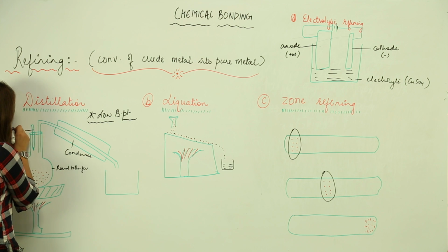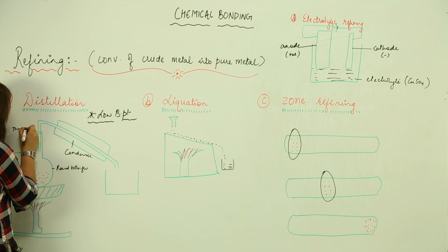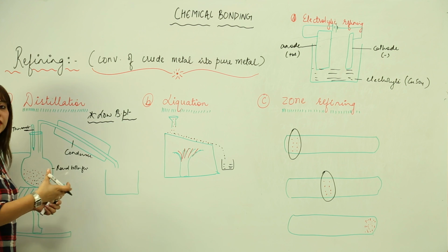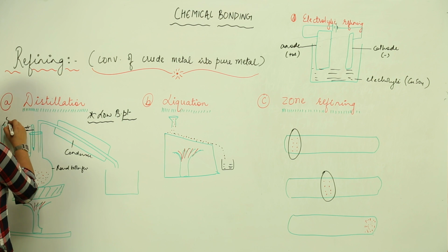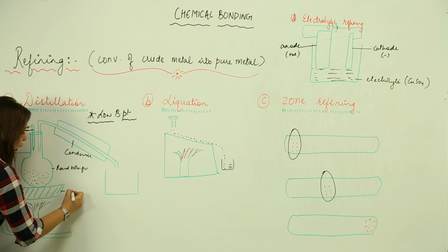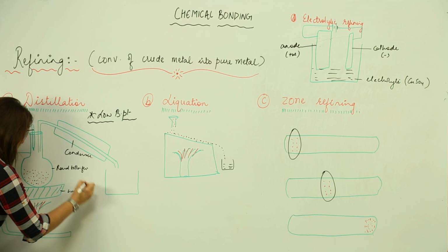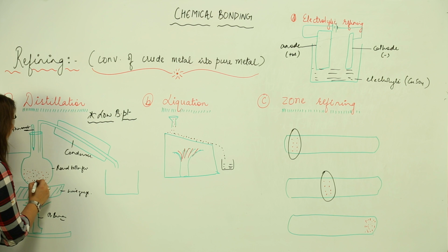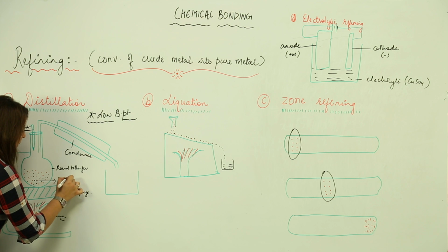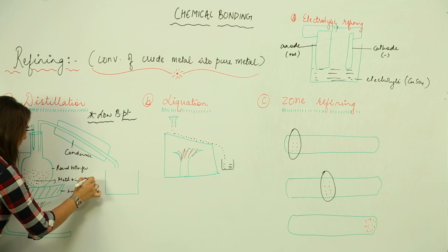This is my thermometer, just to check the temperature, up to which level the temperature is being raised. This is my wire gauze, because I cannot do direct heating, you know that. This is my Bunsen burner, and this is my metal impurity mixture.